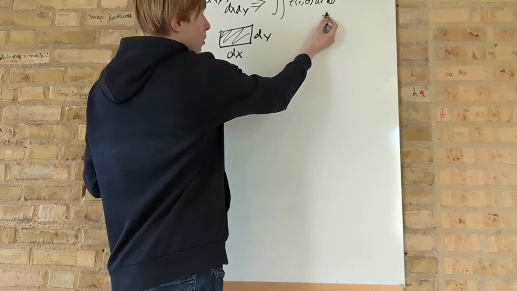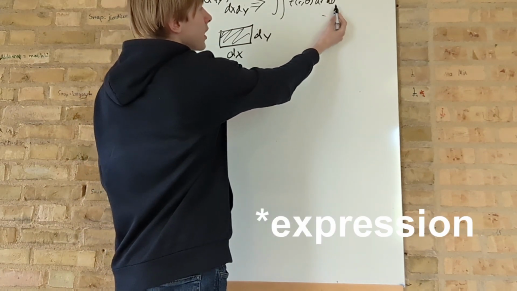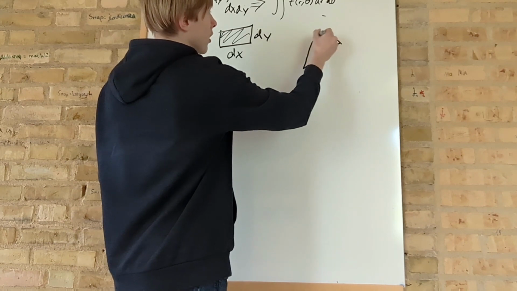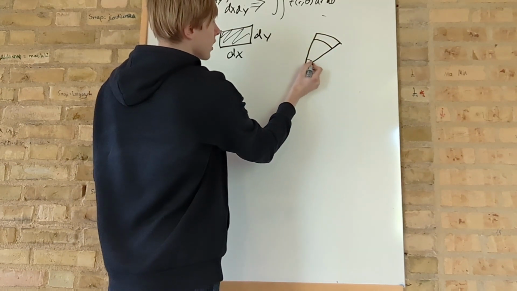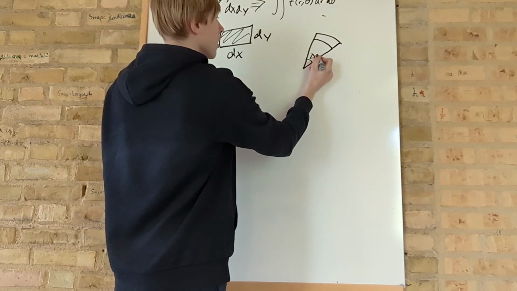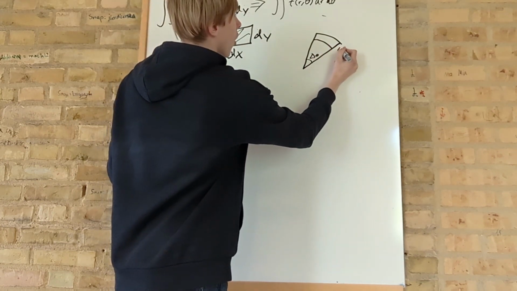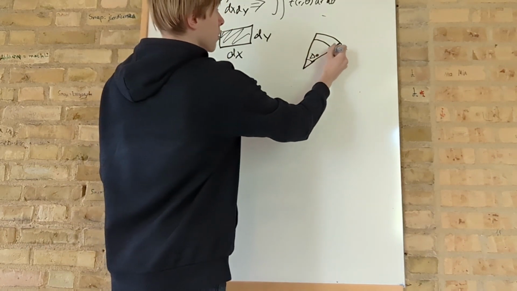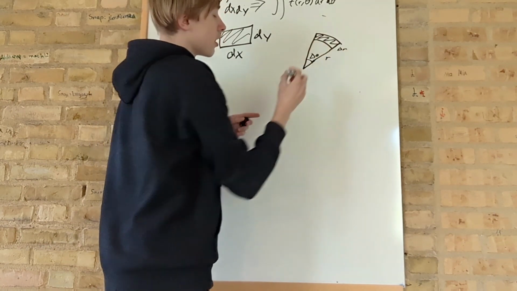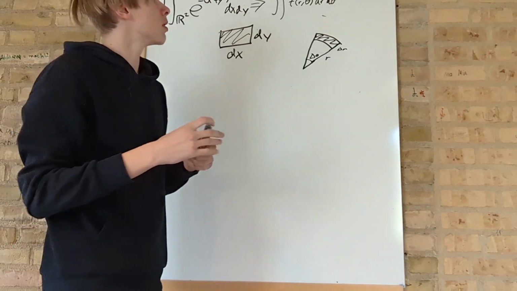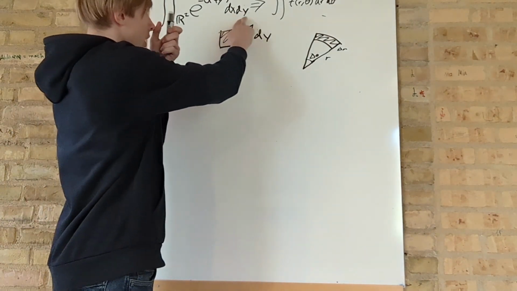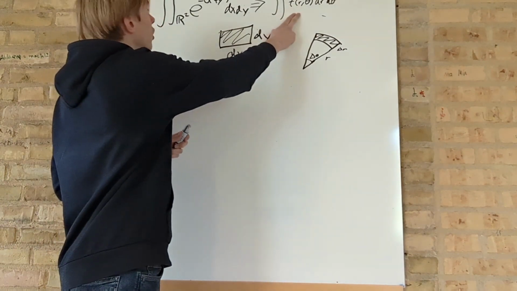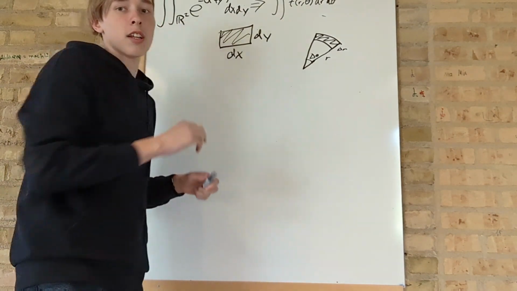And if you want to look at the area of this, we can think of a circle sector that looks a little bit like this, where we have this delta theta and this delta r, and the total r. And now we want to find this area, so we can change from x and y to r and theta. And then we will also switch the function and the interval.